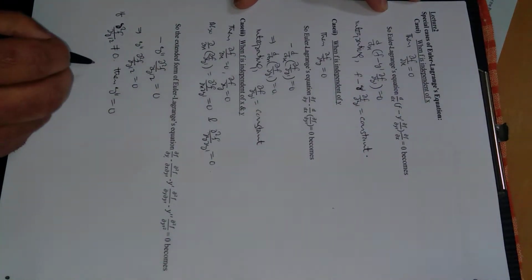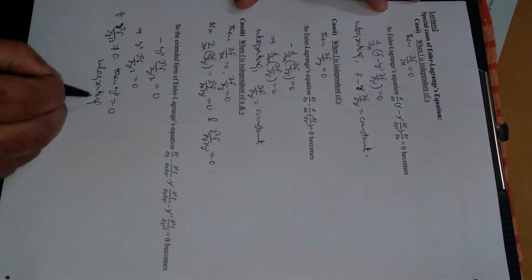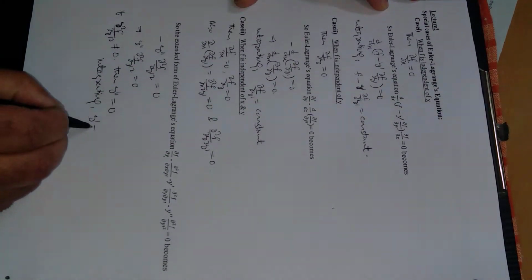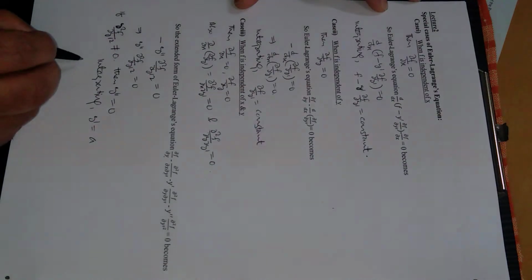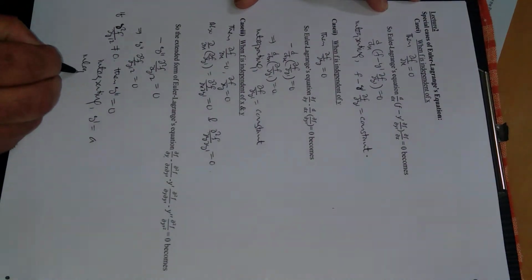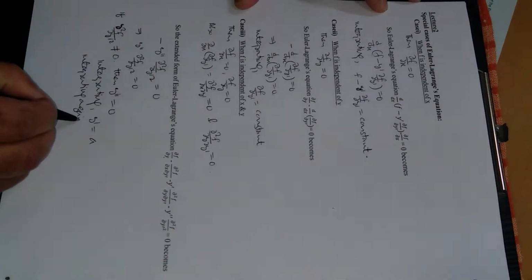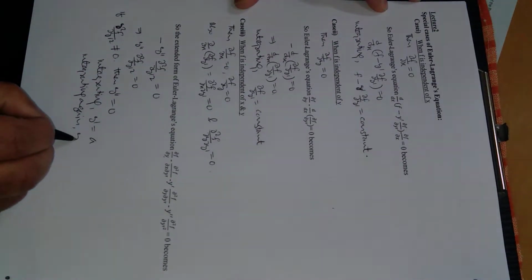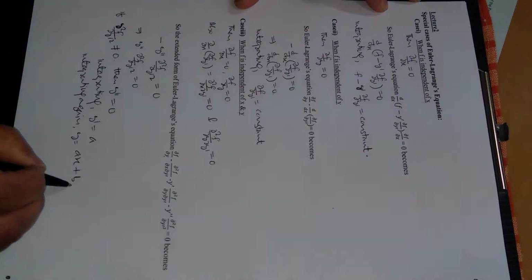Integrating with respect to x, we get y dash equal to a, where a is a constant of integration. Integrating again, the integral of y dash will be a times x, and there will be another constant of integration.